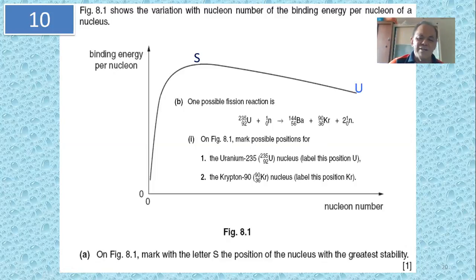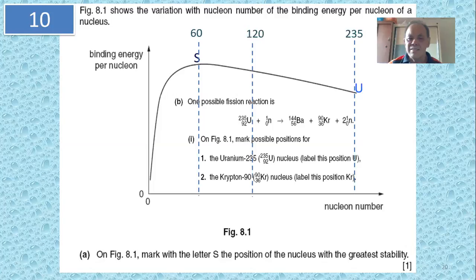If you want, you can roughly estimate. This is 60, this is 235. Then you divide into equal parts, 120. Take this as 240. You don't have to be exact, you want roughly the approximation. So this is 180, and krypton is about 90. So 90, roughly about there.